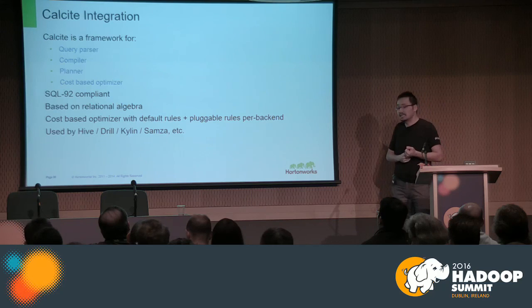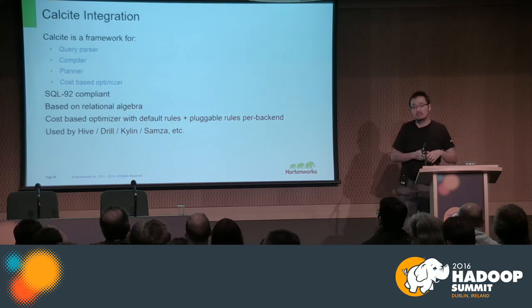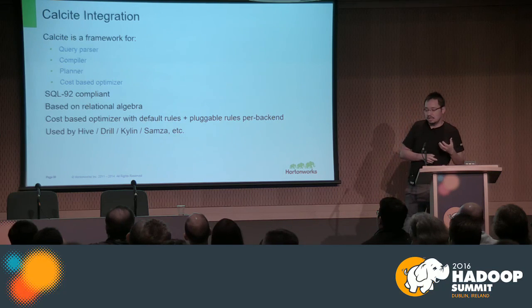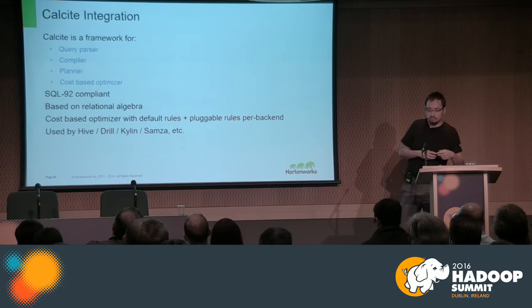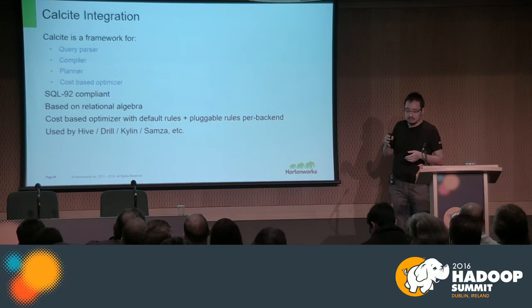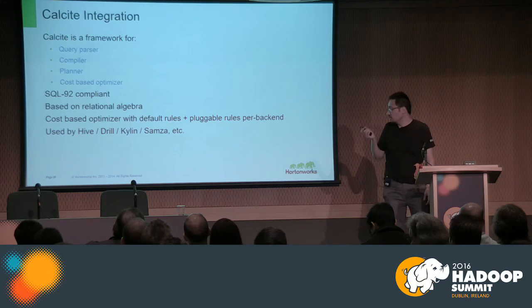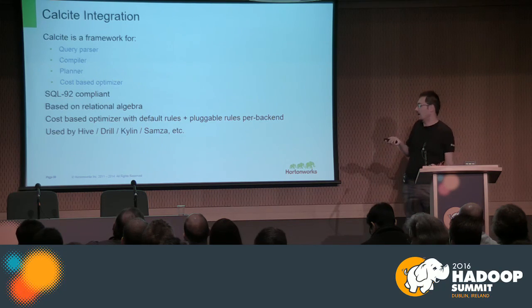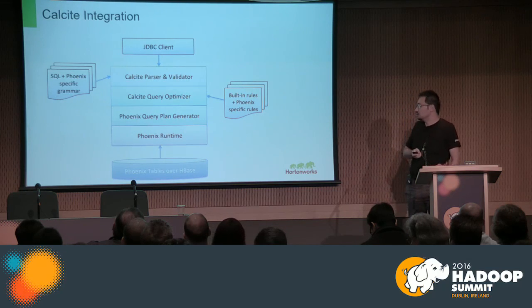It's based on relational algebra, and it has the cost-based optimizer with some default rules, but it has a pluggable rules backend that Phoenix plugs its own rules into, so that the Phoenix query planner will work on top of Calcite's rule engine, right? It's already used by Drill, Hive, Kylin, Samza, and other projects as well. So it's a very mature implementation.